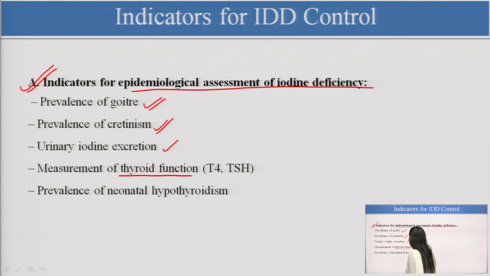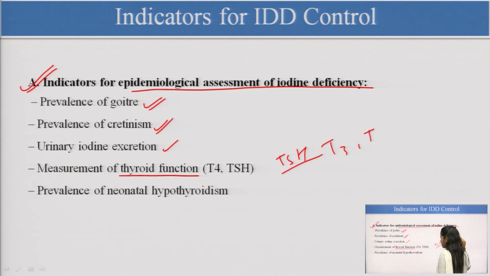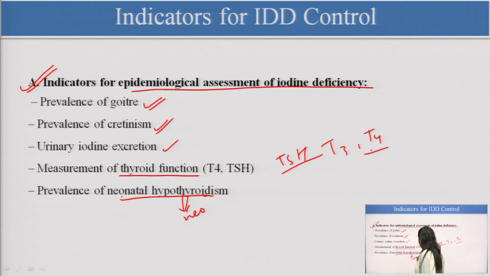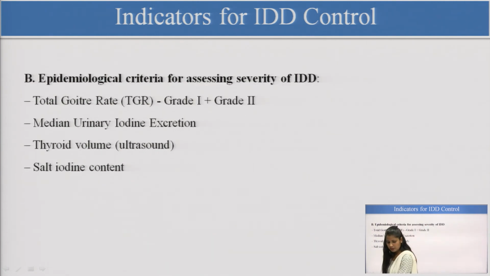We will check thyroid function, TSH levels, T3 and T4 levels. And in children, we will check neonatal hypothyroidism. These are newborns, and we will check the prevalence in newborns suffering from iodine deficiency.